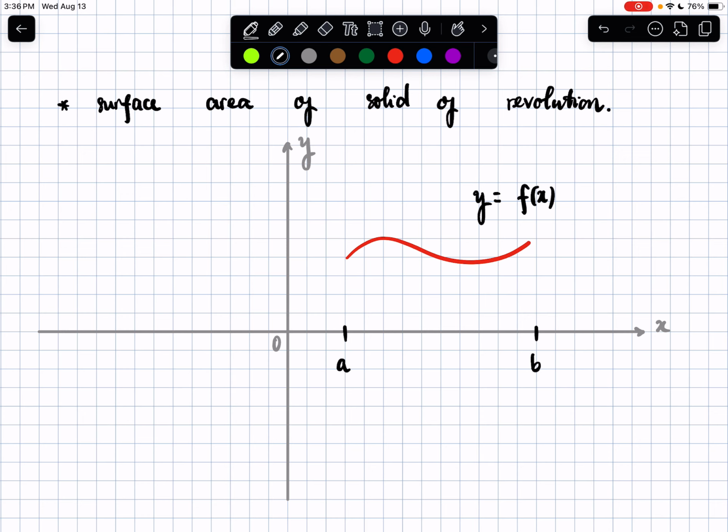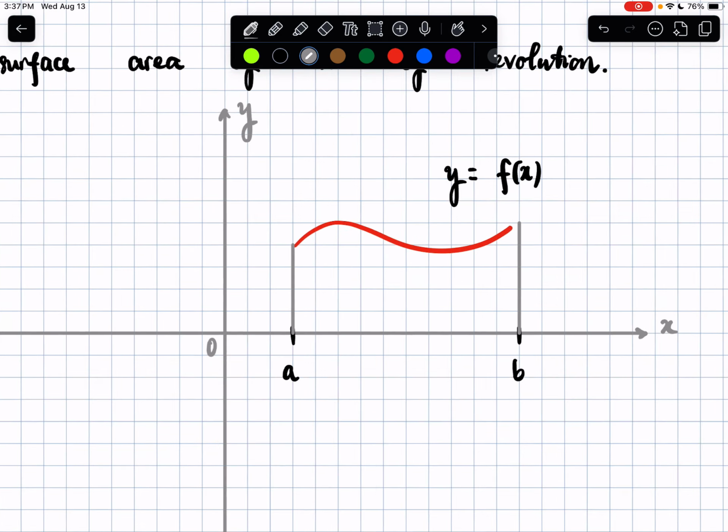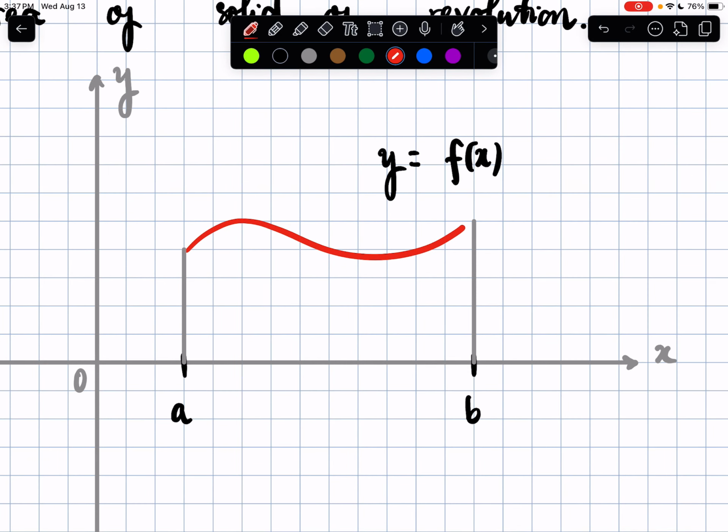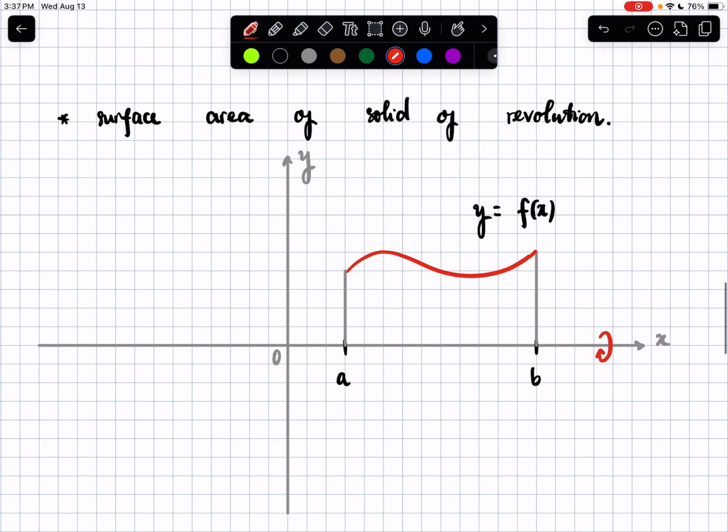And we will revolve the region, for example, the region under this curve, about the x-axis. So we will revolve this region about the x-axis.